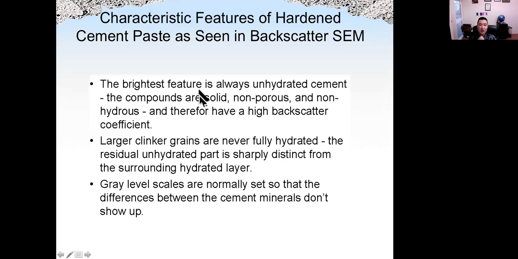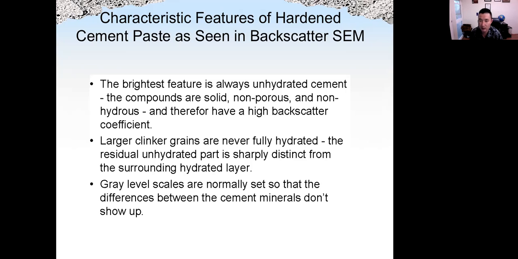So here shows how we can see different types of phases in hydrated cement paste. And we know this already. The brightest phase is always unhydrated cement, and the second brightest phase will be calcium hydroxide. We mentioned this several times before.